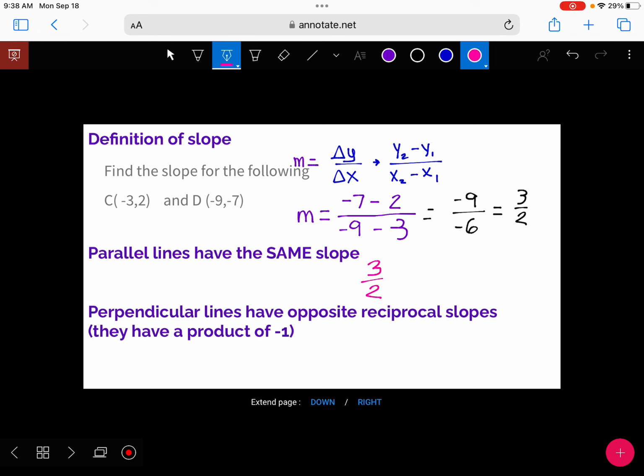So what would be a slope perpendicular to 3/2? -2/3. The more algebraic concept is that they are inverses of each other. They multiply to make -1. They're multiplicative inverses. But opposite reciprocal is way easier to remember.